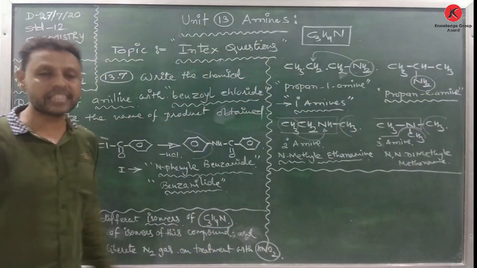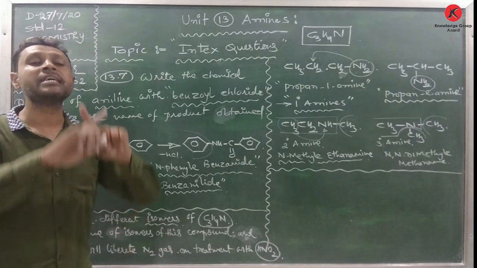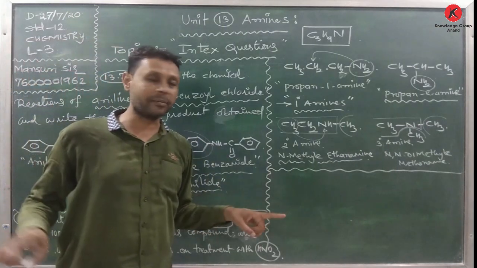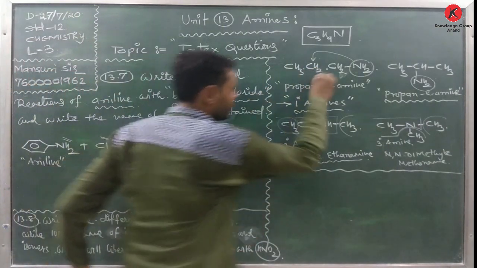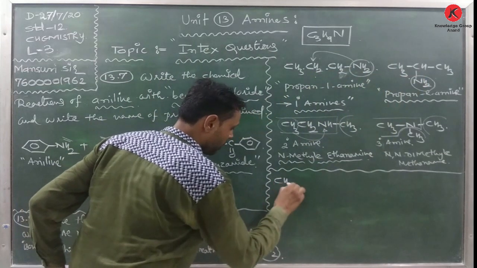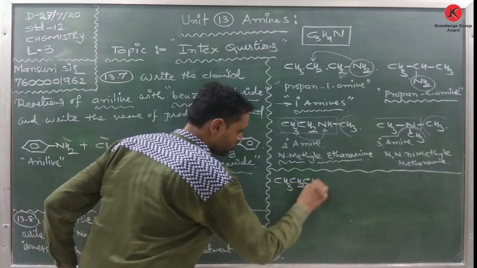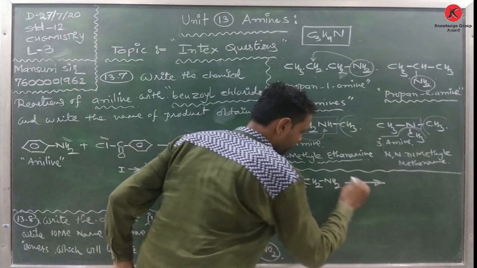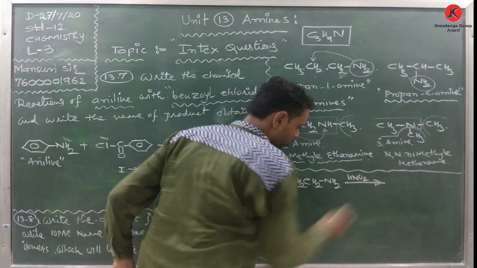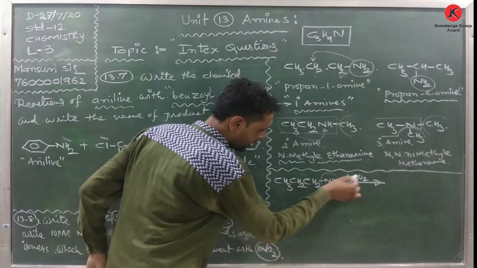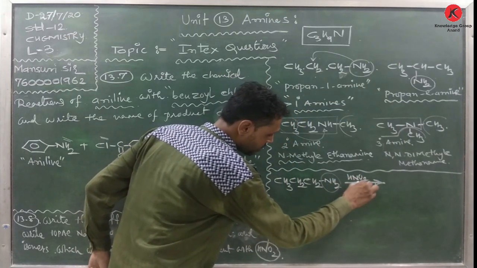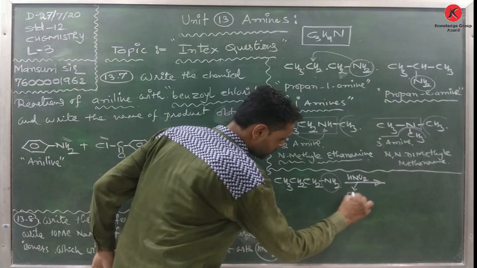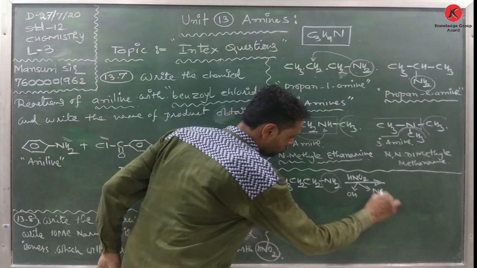Nitrous acid, HNO2, does not react with secondary and tertiary amines. So here we will write 2 equations. First, CH3CH2CH2NH2 reacts with HNO2, because HNO2 contains an OH group as well as an NO group.